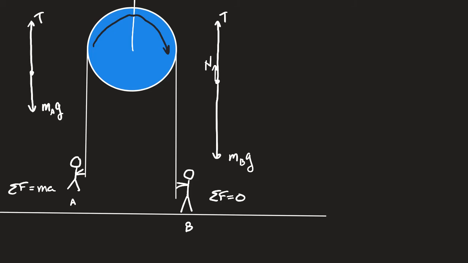I'll say this, though. You could continue blindly by saying person A has a net force equal to MA. They're accelerating. And based on what I've chosen for the direction, I put this little arrow in here to indicate this is going to be the positive direction.